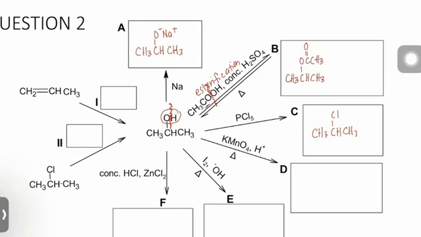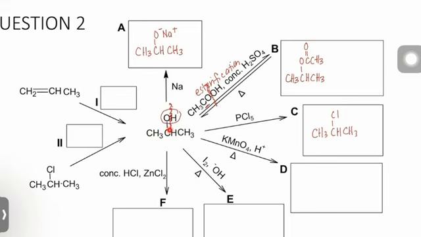Okay, for the structure of D, the reagent here is hot acidified potassium permanganate. This is an oxidizing agent, which means that 2-propanol is oxidized to form a new compound. You have to remember that each class of alcohol gives different products.